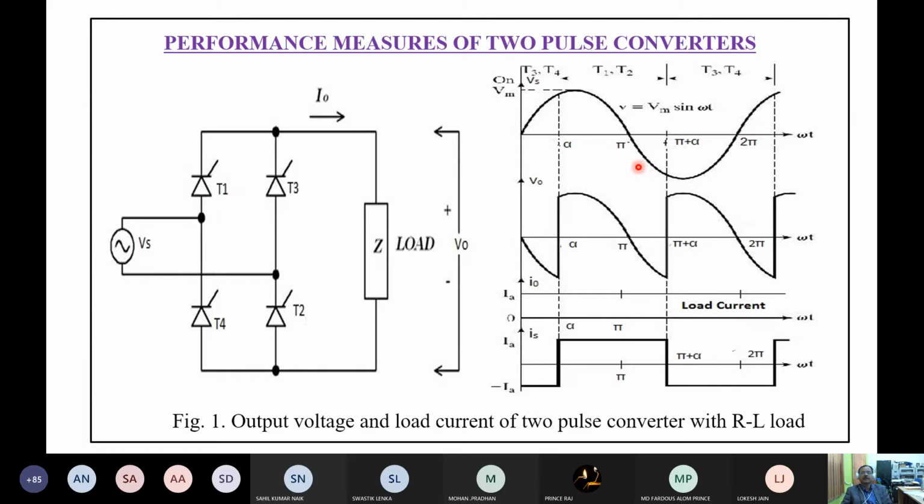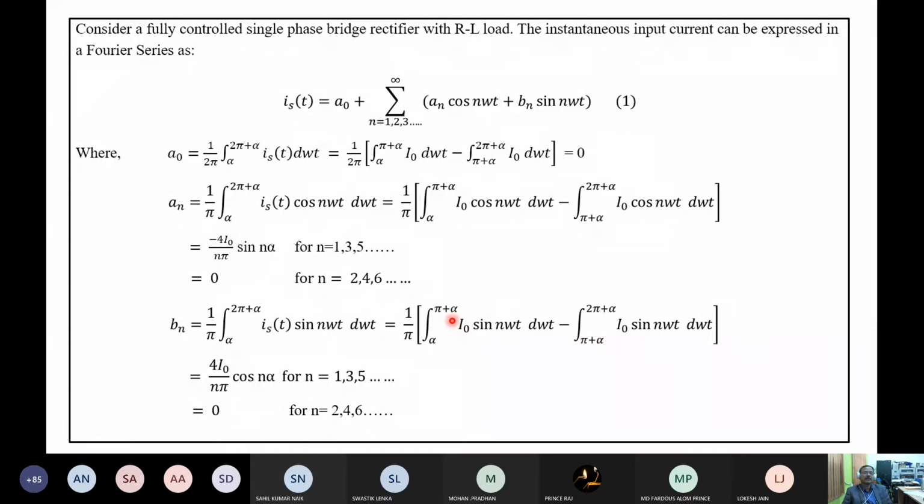Fourier analysis, you remember Fourier series, assuming the load current is constant and ripple free. Here it is a square wave, that waveform already done by you. So from this, a non-sinusoidal current or waveform is expressed in Fourier series as IS(t) equals A naught, a DC component, plus the sum for n equals 1, 2, 3 to infinity of an cos n omega t plus bn sin n omega t.